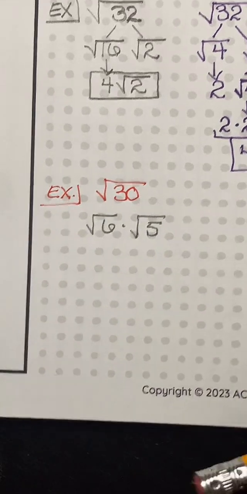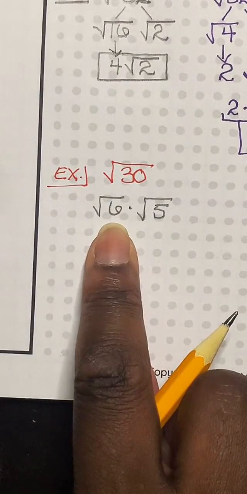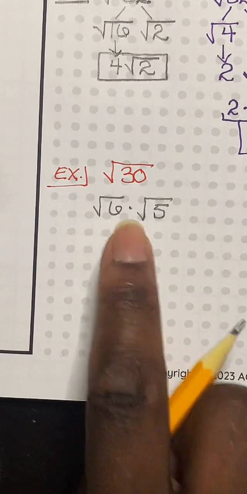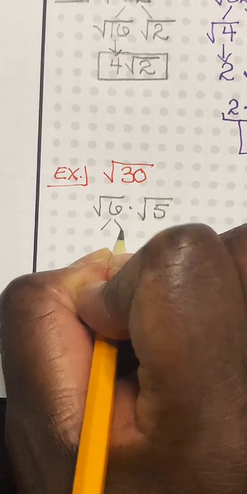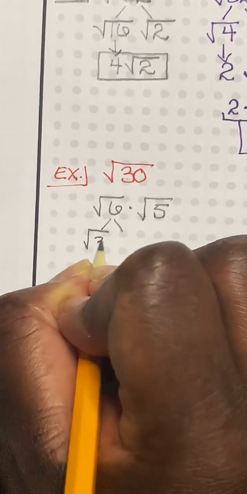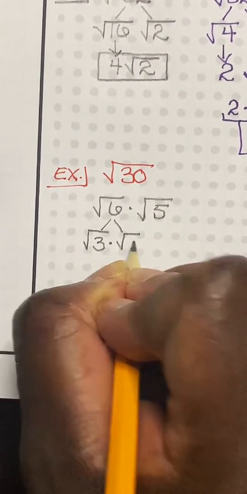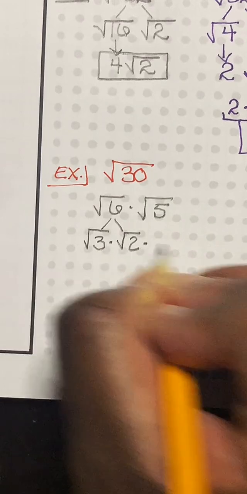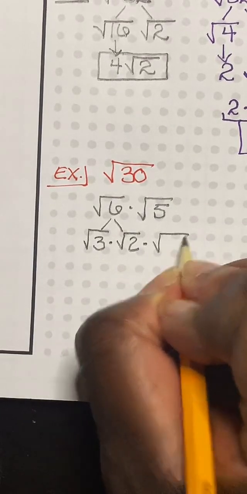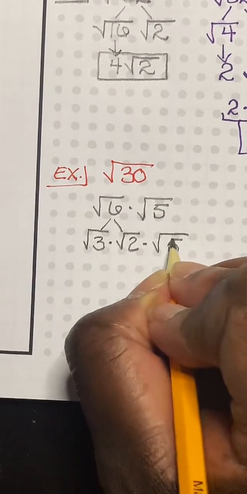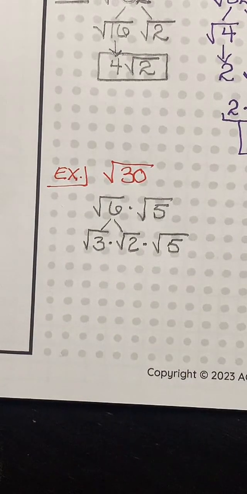Now, square root of 6 is not a perfect square. Okay. Because if I tried to break down the square root of 6, I'm going to get the square root of 3 times the square root of 2. Okay. And then 5, that's prime. Okay. Because that's just 5 times 1.